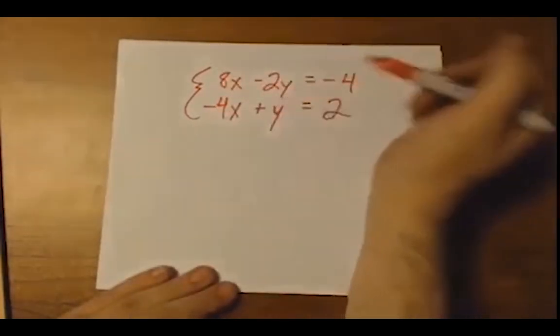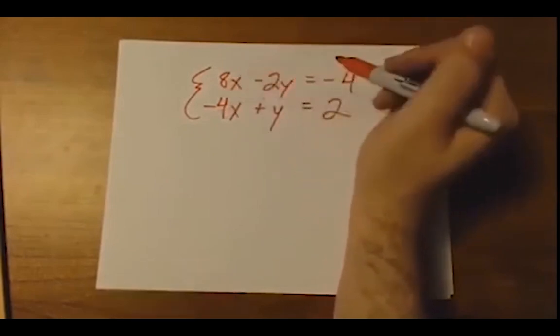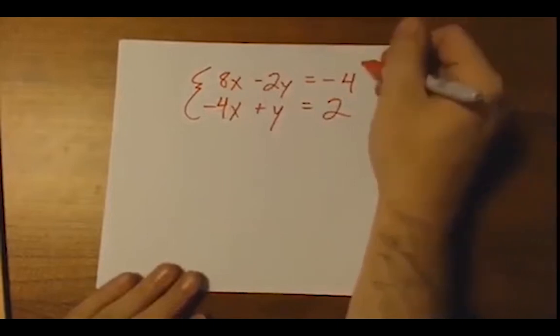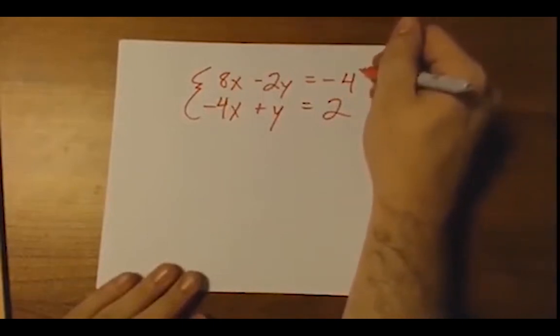Positive, negative, negative, positive. So the signs will already be different from one equation to the other. We don't have to worry about picking a positive number and a negative number.